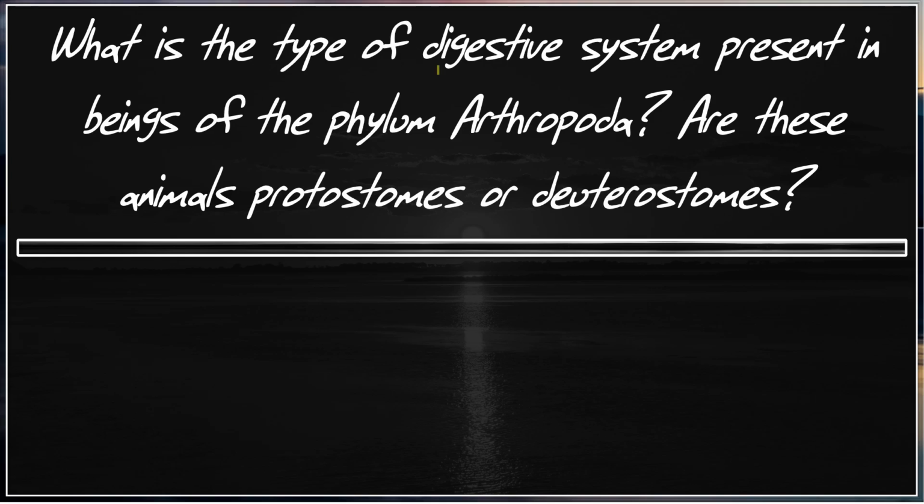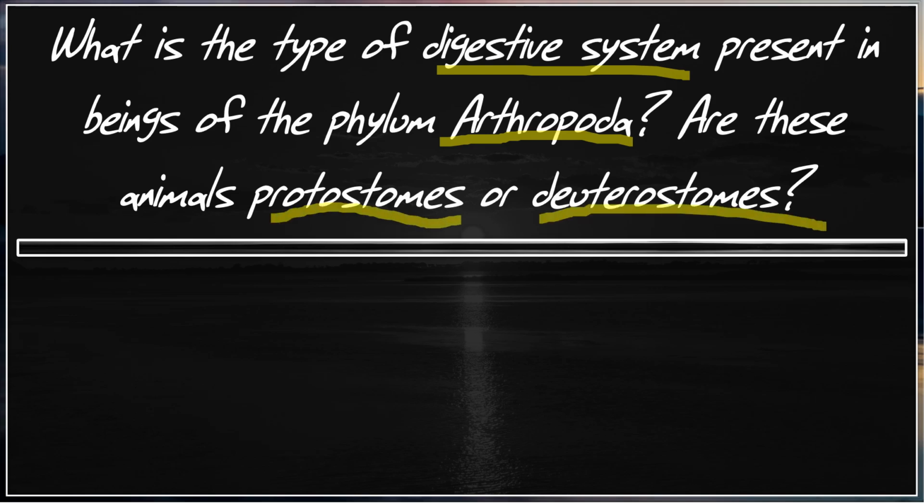What is the type of digestive system present in beings of phylum Arthropoda? Are these animals protostomes or deuterostomes?